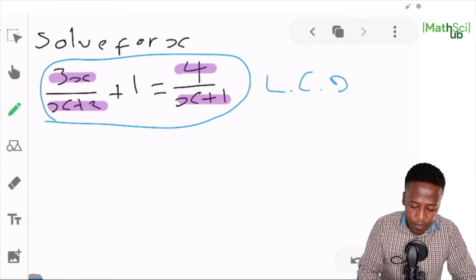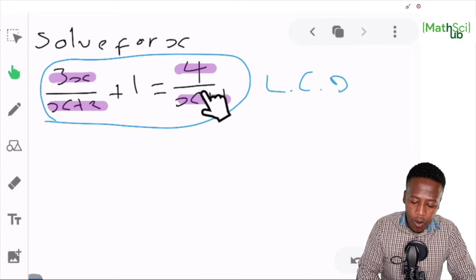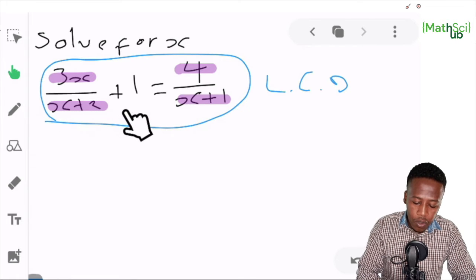Now in this case, we have 3x over x plus 2, and then on the other side of the equal sign we have 4 over x plus 1. Now we are going to try to have the same denominator. How do we get that?